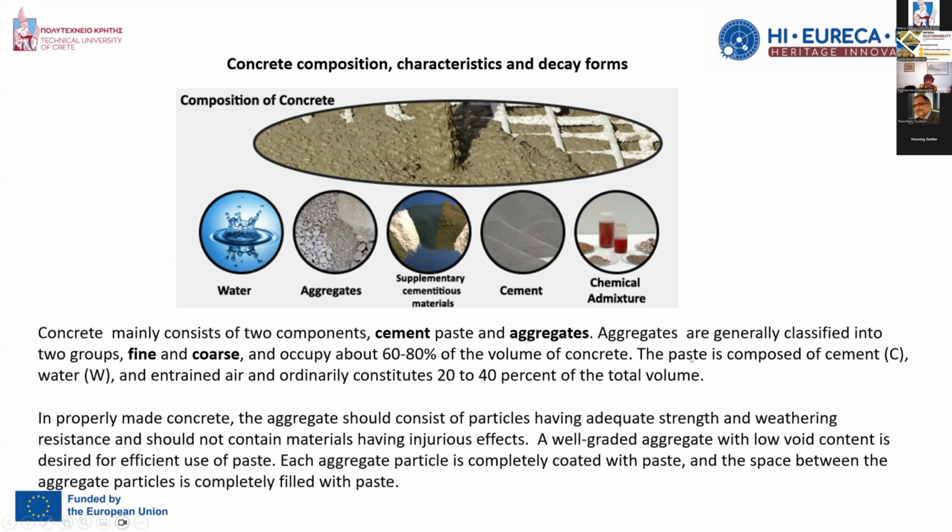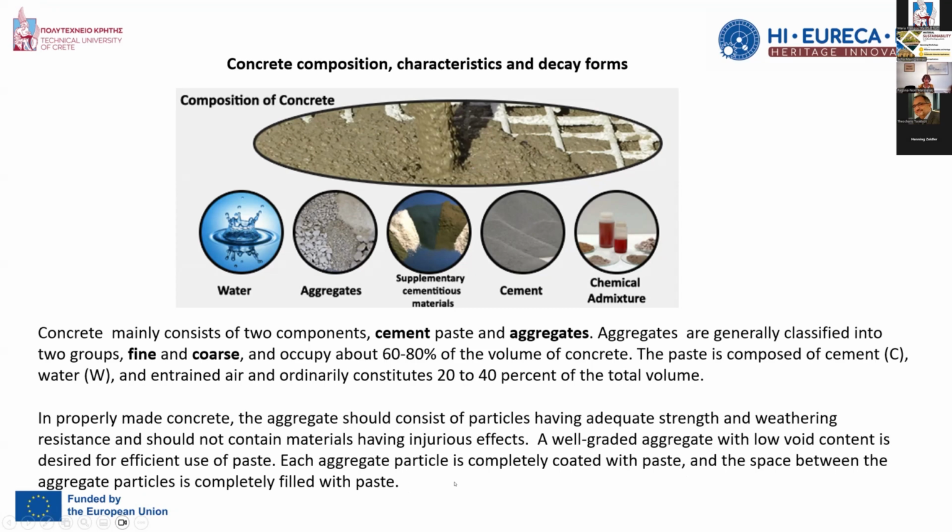And in the concrete design and production, we have to have in mind that a well-graded aggregate with low void contents is desired for the efficient use of the paste.